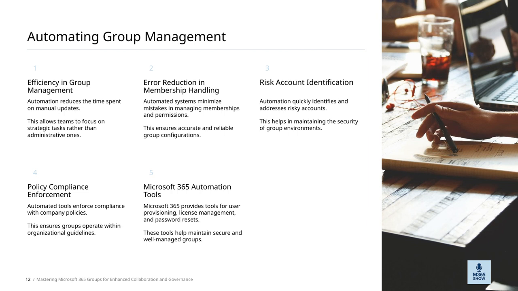Plus, by automating routine tasks, we reduce the time spent on manual updates, freeing up our teams to focus on more strategic initiatives. Overall, automation in group management not only enhances security and compliance, but also significantly improves efficiency, allowing us to work smarter and more effectively.